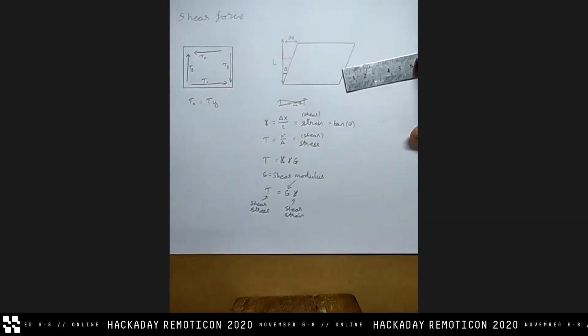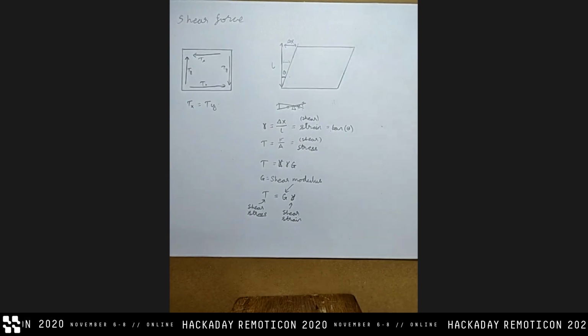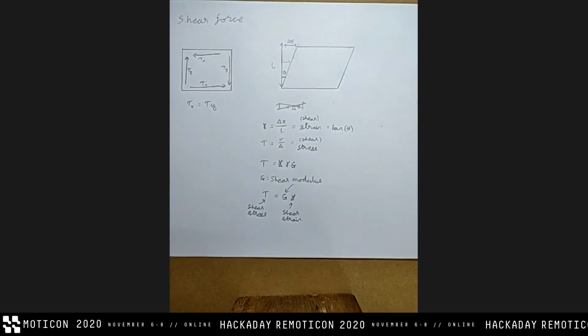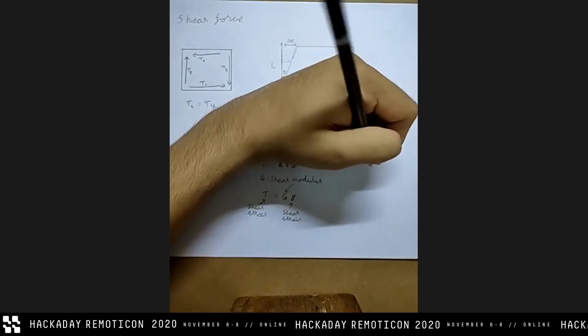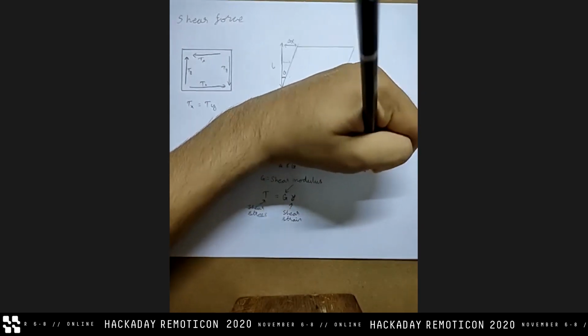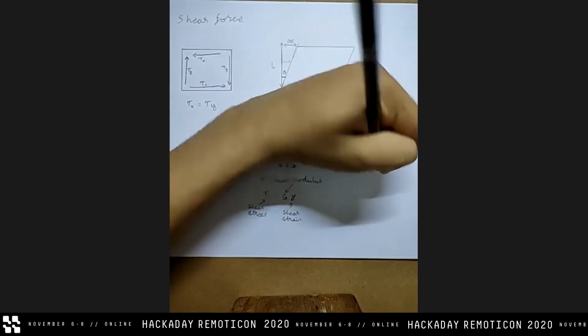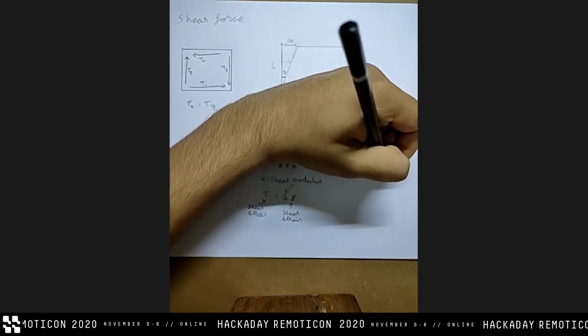And one thing that's very neat is that, obviously this isn't something that applies for absolutely everything, but as a rule of thumb, you can say that your shear modulus is approximately equal to your Young's modulus divided by 3.